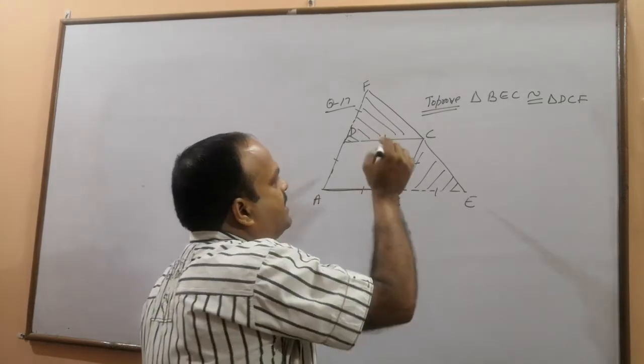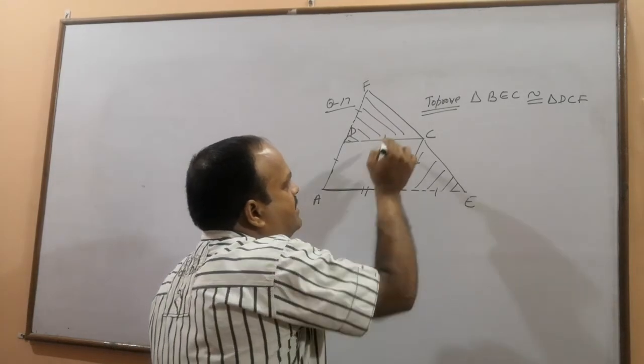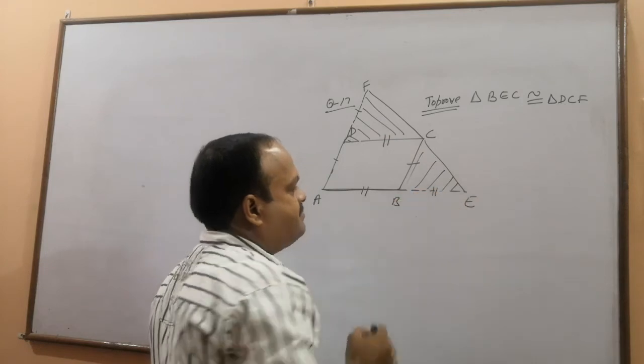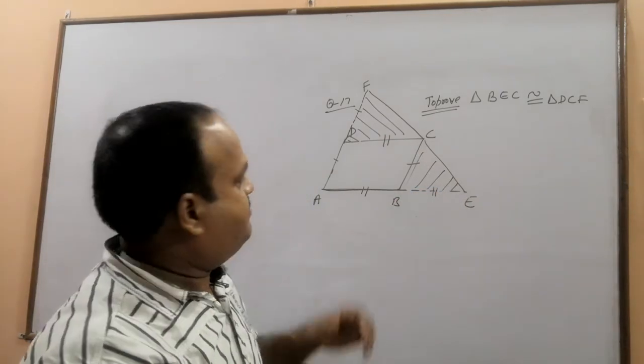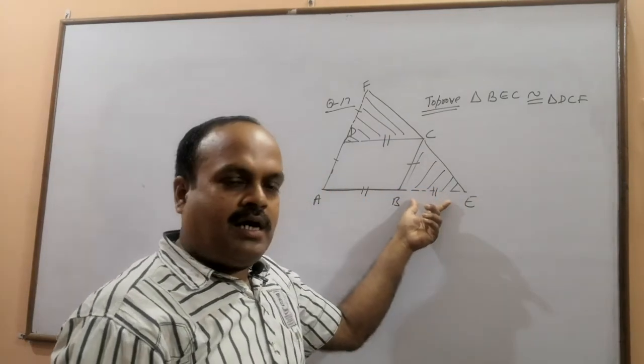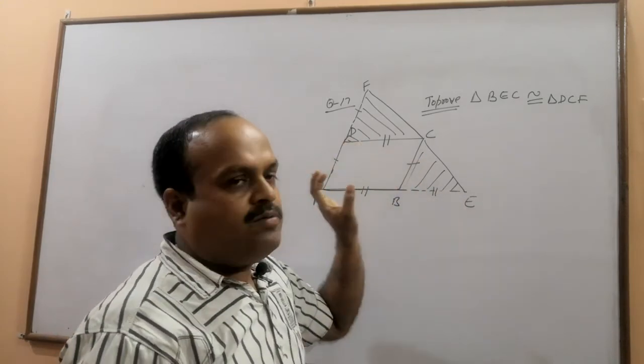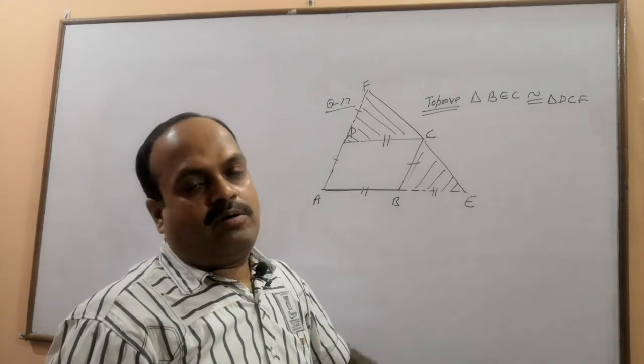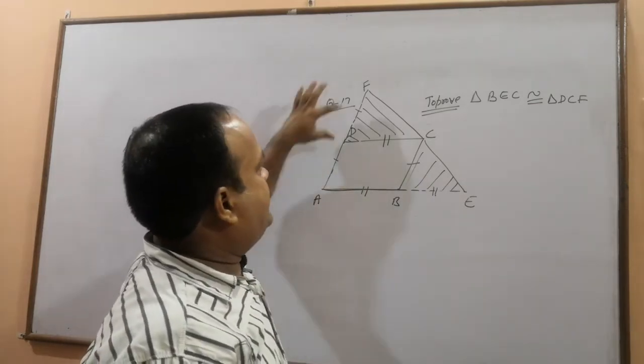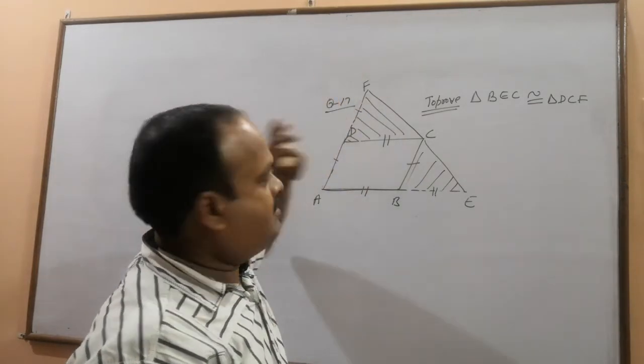So I will have to make here different symbol, not the same. AB and BE are equal, given in the question. AB and DC are equal, properties of parallelogram. AD and DF are equal, given.